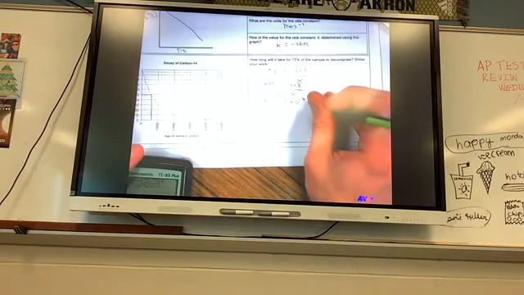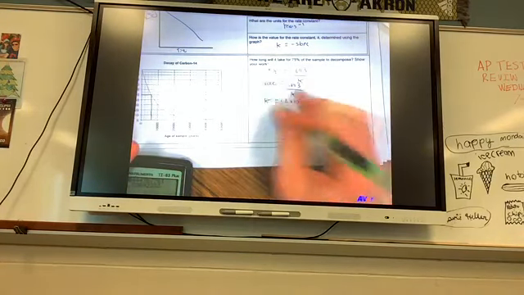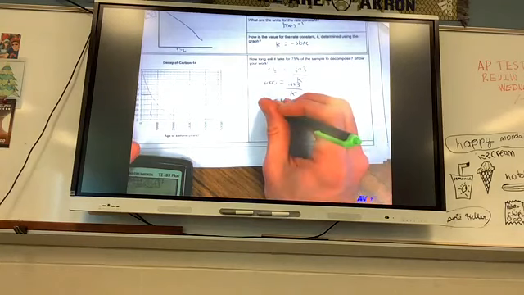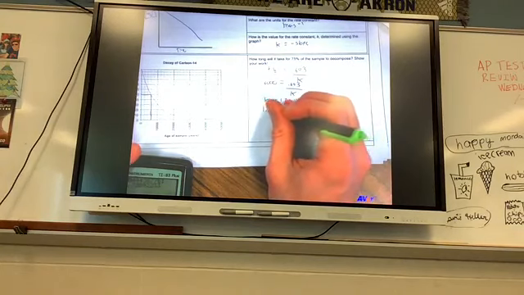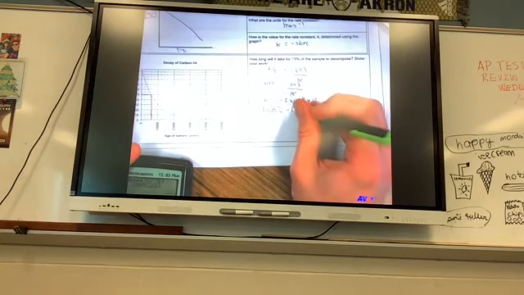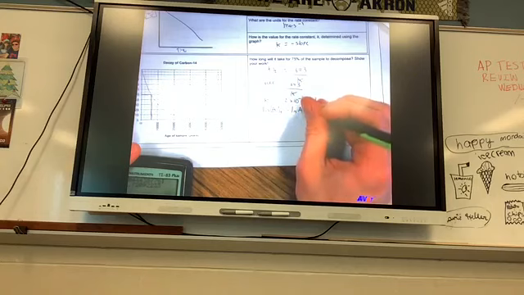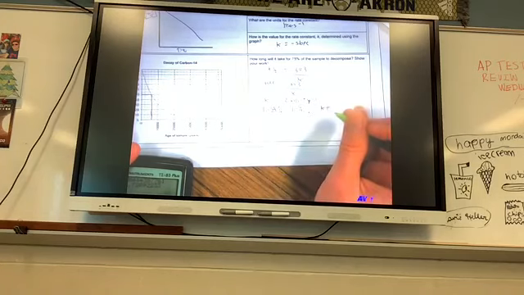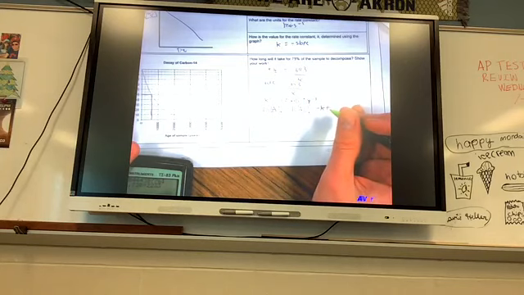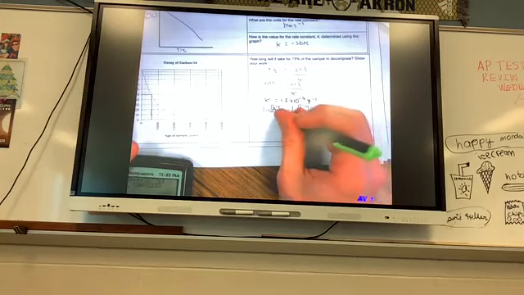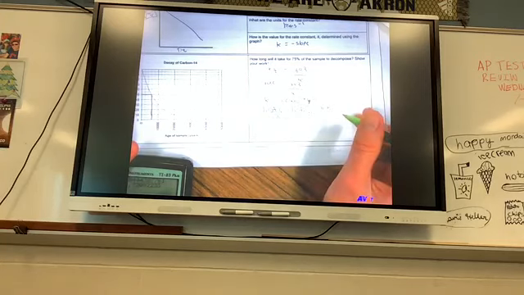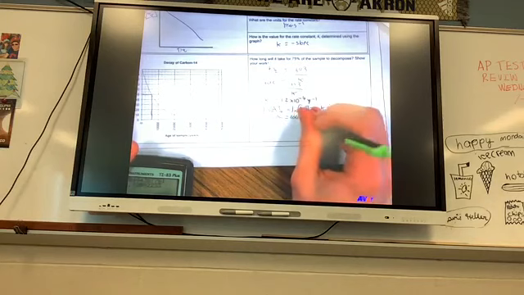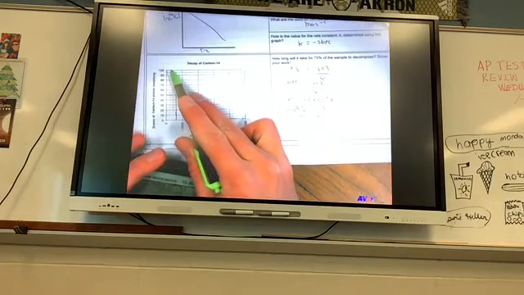Now I'm going to sub that into my integrated rate law. Natural log of A at T minus natural log of A naught equals negative KT. When I substitute, I know that my A naught is 100 grams because I started at 100.